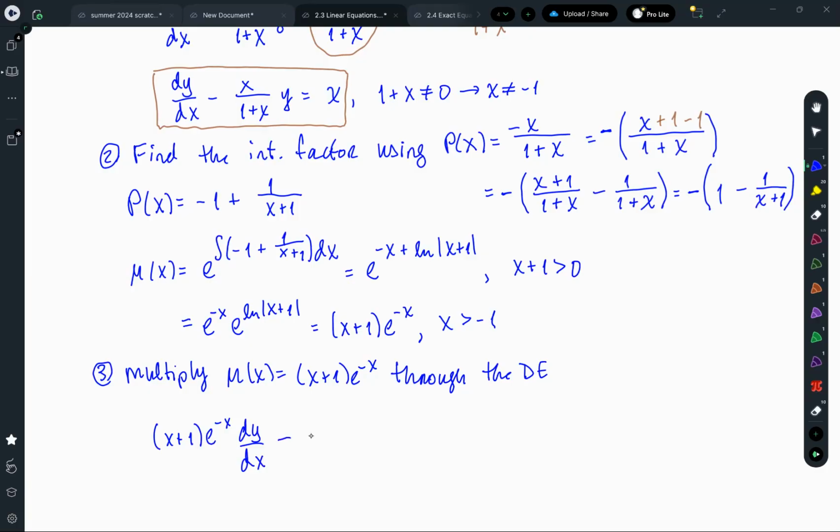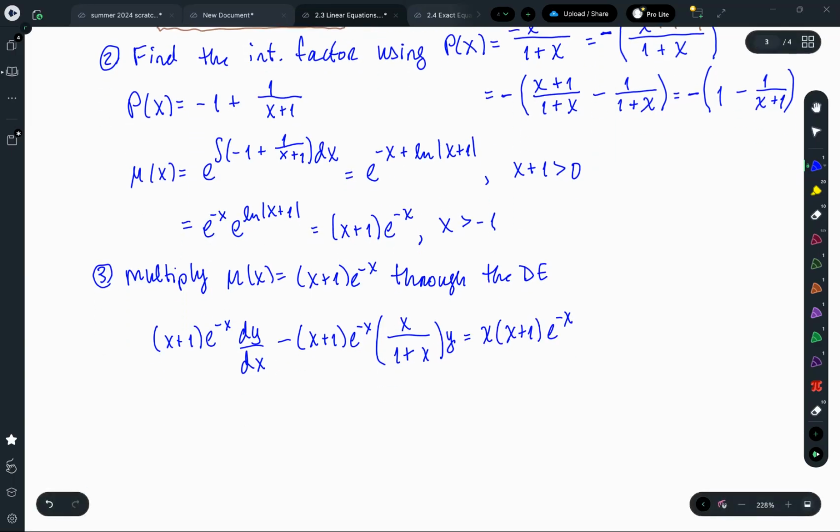Let's do minus (x plus 1) times e to the minus x times x over (1 plus x) times y equals x times (x plus 1) times e to the minus x. Okay, now I need to clean this up just a little bit.